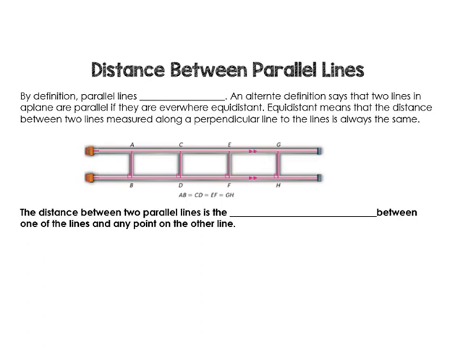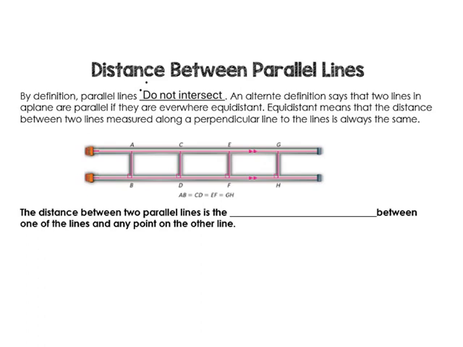Yesterday we talked about the distance between a point and a line. Today we're going to talk about the distance between parallel lines. By definition, parallel lines do not intersect. An alternate definition says that two lines in a plane are parallel if they are everywhere equidistant.